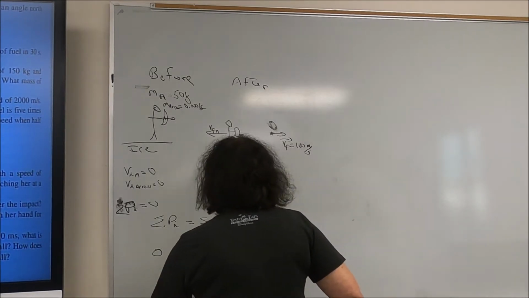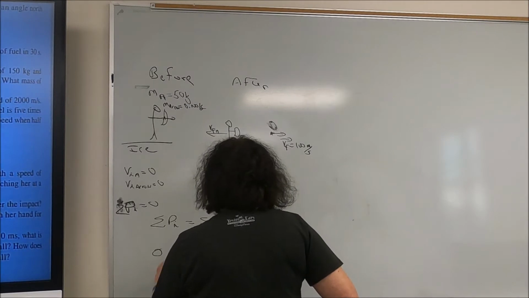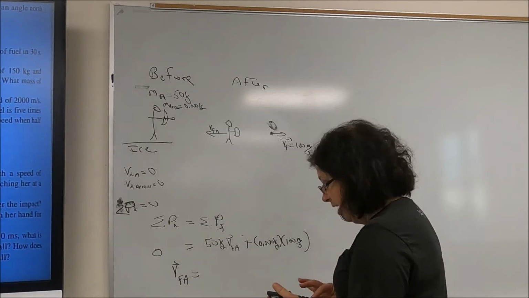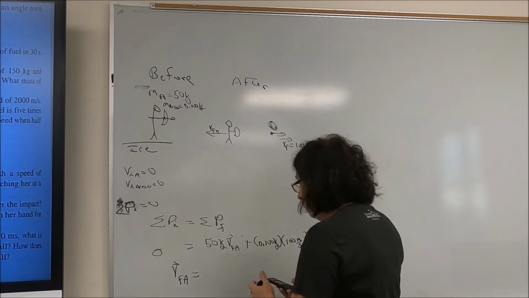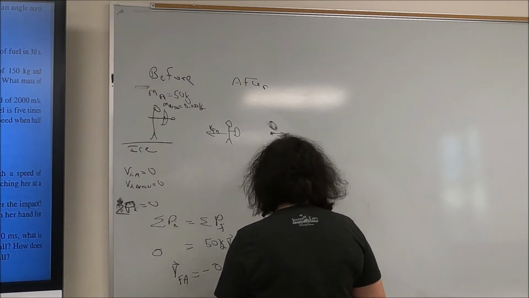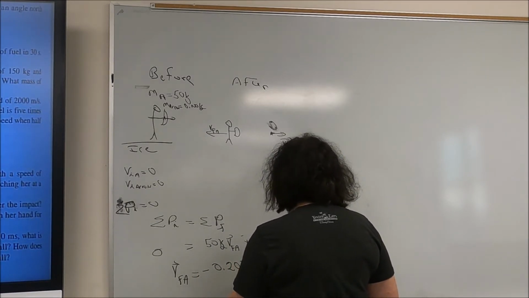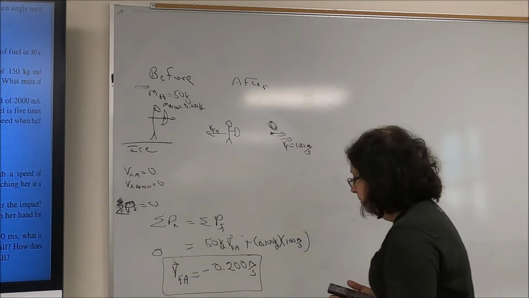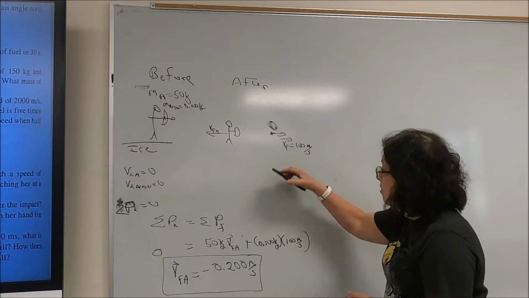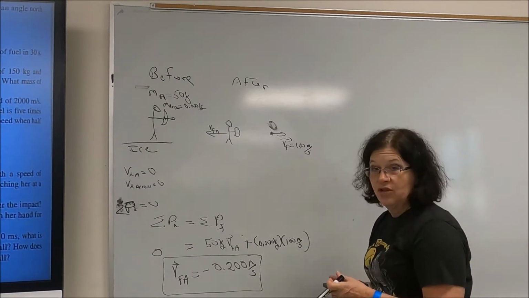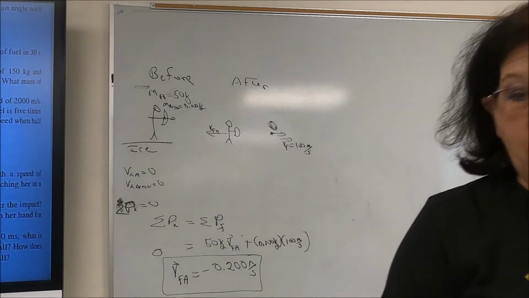If we solve for V final of the archer, it's going to be 0.1 times 100 divided by 50, and when I took that over it was negative, so I get minus 0.200 meters per second. If the arrow moved out in the positive direction, the archer had to move in the negative direction. Not a bad problem.